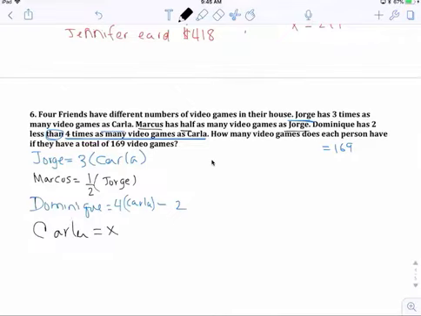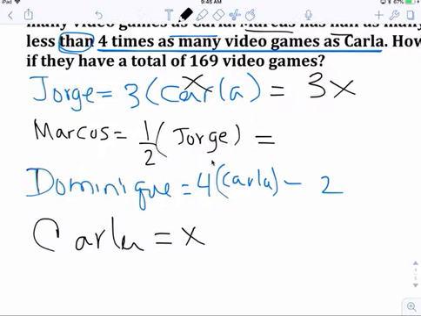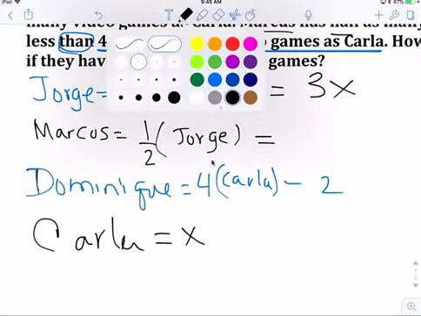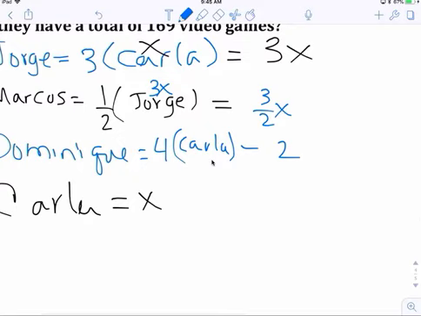Okay, so go back. Jorge is 3 times Carla. And Marcus is half of Jorge. So Jorge in this case is 3x. So one half of 3x, multiply that, 1 times 3 is 3x over 2.